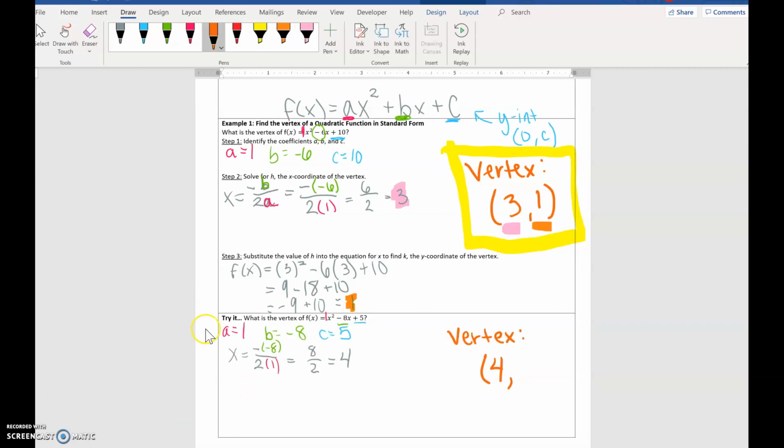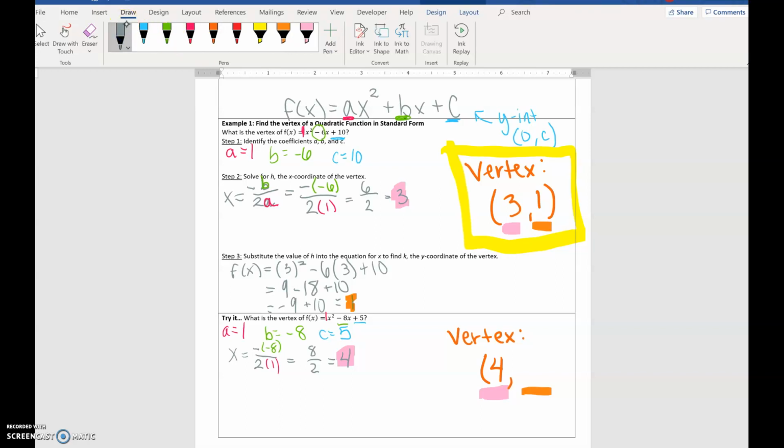So here's the first part. So again, we did A is 1, B would be -8, and C is our 5. And then we're plugging into that formula, x equals -b over 2a. So b is -8, so -8 becomes a +8. And then we had 2 times our a value, which is 1, so 2. And then 8 divided by 2 is 4. So now we have the h value of our vertex, and we need the k value. So we're going to plug in 4 and solve for that.